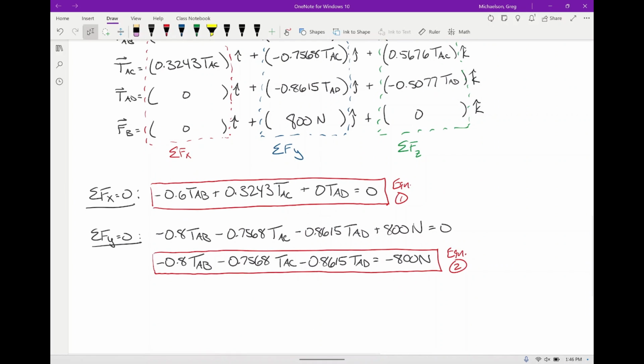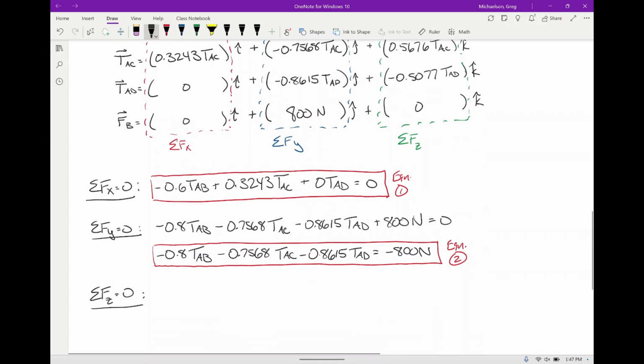And then finally, summing forces in the z direction. So we have a 0 term here. To the minus.